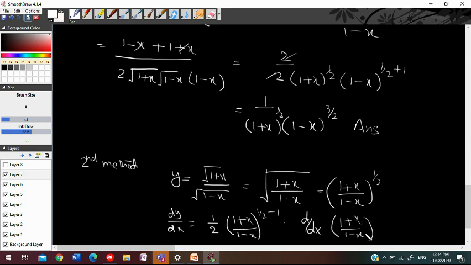On this function you can apply the derivation, and the rule which you will apply here is the quotient rule, same but without powers. So this is the second method. It's up to you which one you want to use. Sometimes one question can be solved by two or three methods, so there is no problem. It's up to you which method you want to adopt.